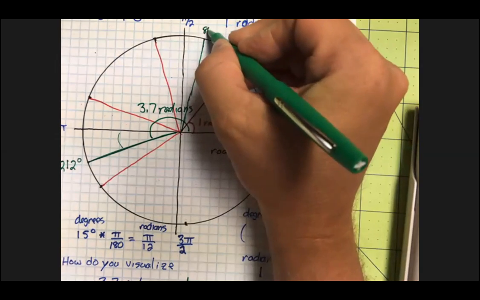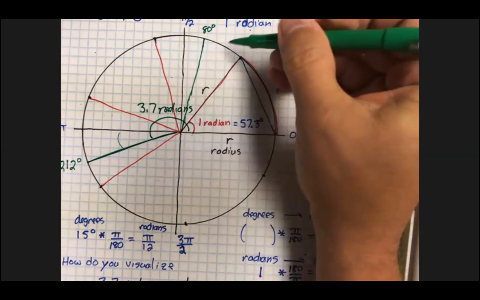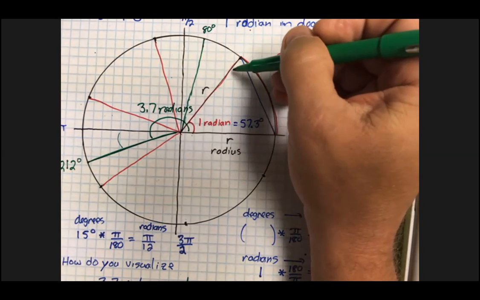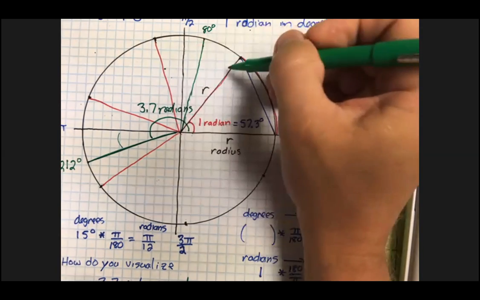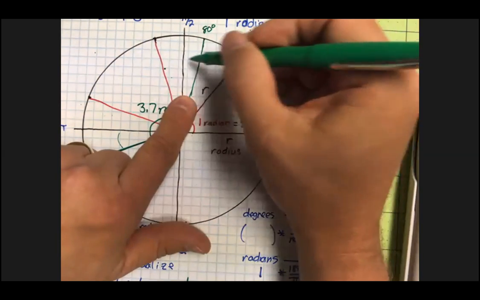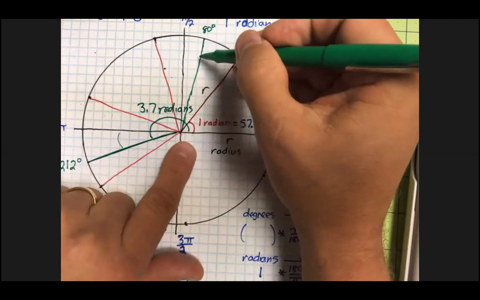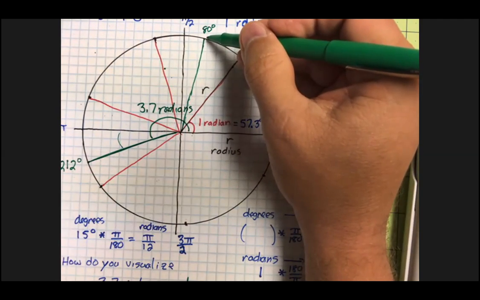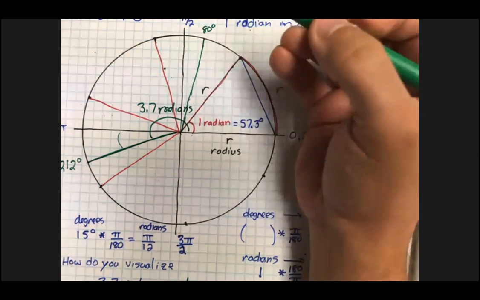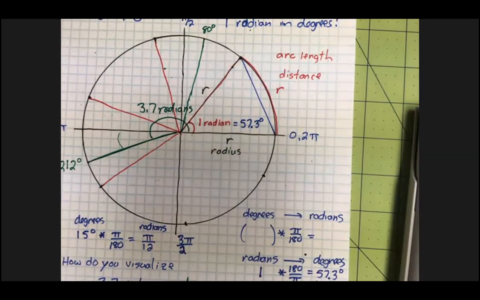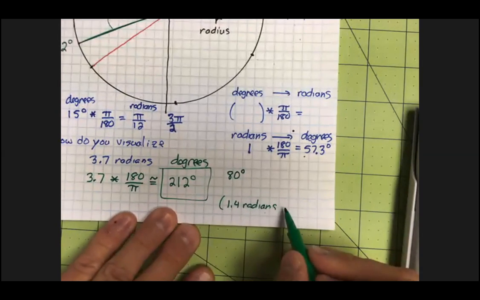If this is 80 degrees, what does it look like on my little radian wheel here? Here's 1 radian, here's 2 radians. Is it about 1.5? It's a little bit less than halfway. Is it about 1.4 radians? Let's say we estimate it to be 1.4 radians.